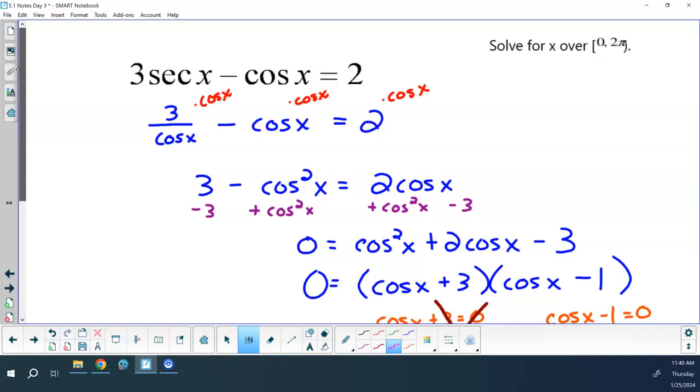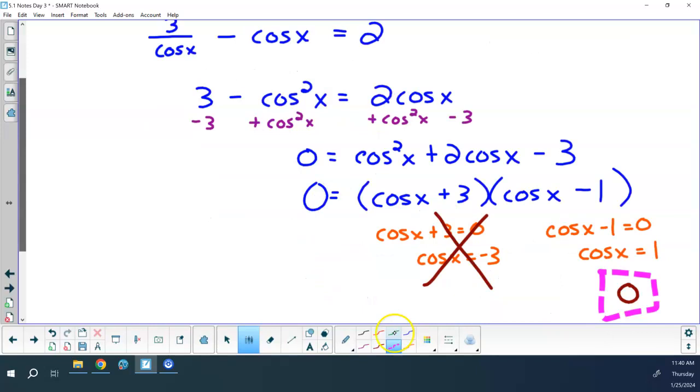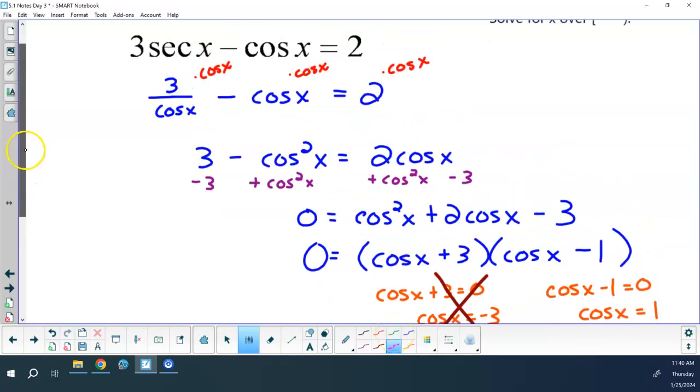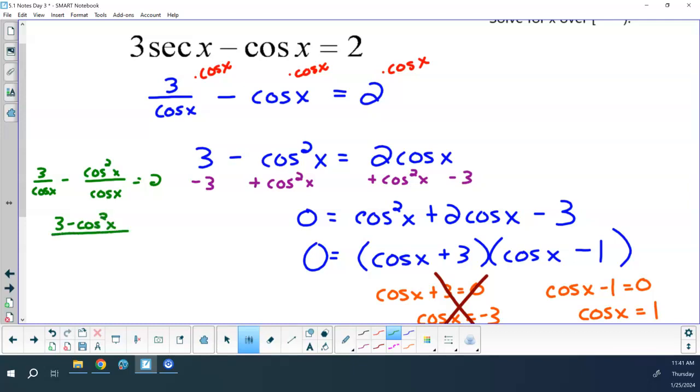Okay? Back to the start. A bunch of people had said that they did this. So from here, you went and you got yourself a common denominator. So you had 3 over cosine of x minus cosine squared of x over cosine of x, and that equals 2. Then you went 3 minus cosine squared of x all over cosine of x equals 2.